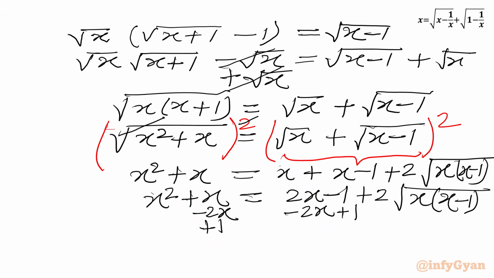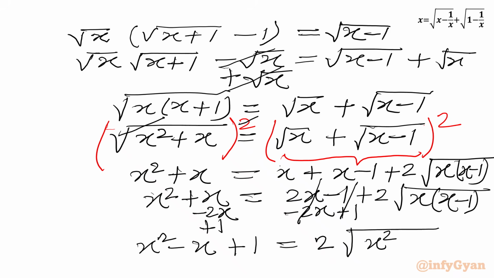So we will cancel plus and minus 2x, and plus and minus 1. So here we can write x square minus x plus 1 in the LHS, and in the RHS 2 times the square root of (x square minus x).